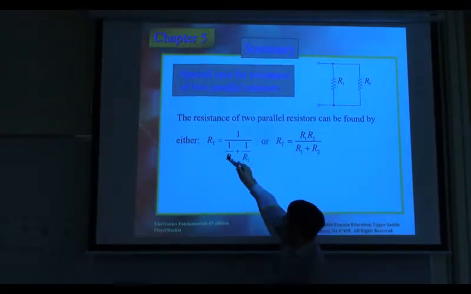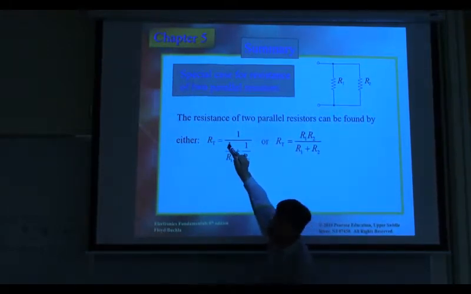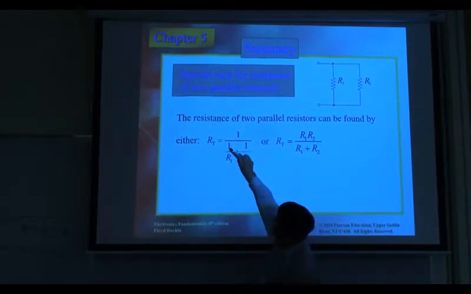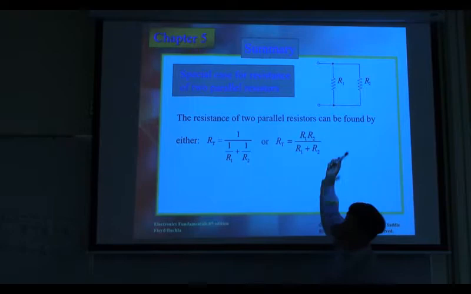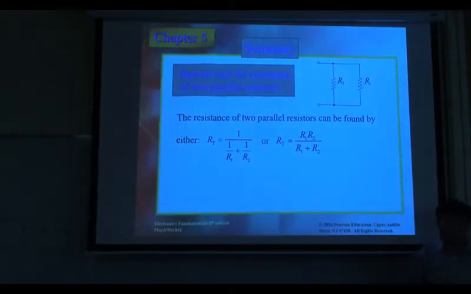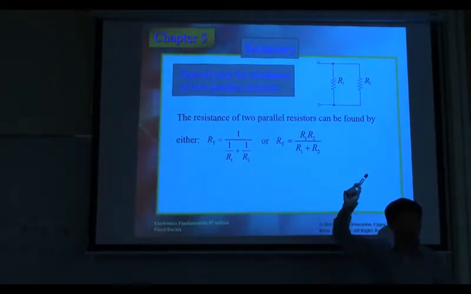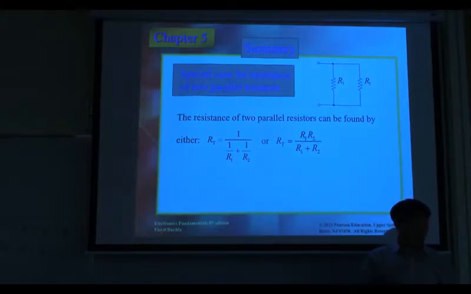On the bottom, R1 R2 cancels this one, which gives us R2, and R1 R2 cancels this, which gives us R1. So that's R2 plus R1, or R1 plus R2. So if we have only two resistances, then the total resistance will be the product of the two divided by the sum of the two. Does it make sense?